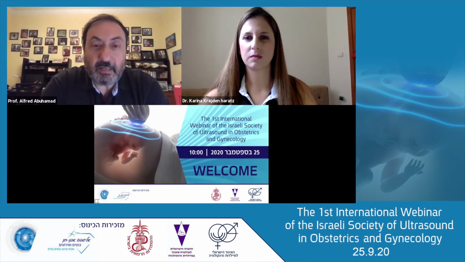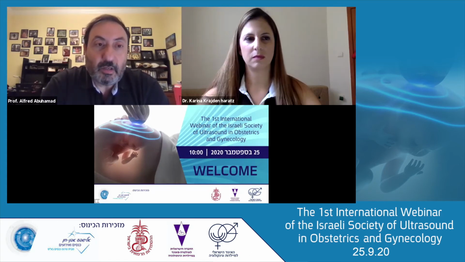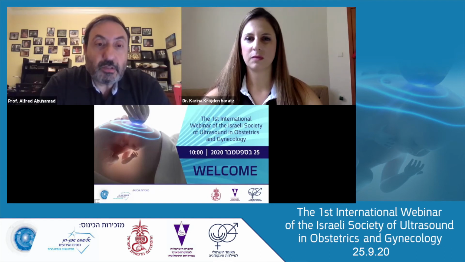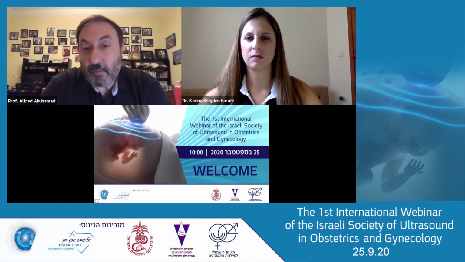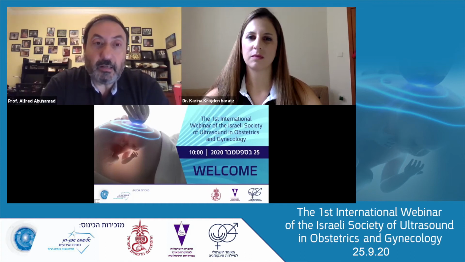As Rabia has said in his three-vessel trachea view, it could be impacted by changes that happen in the heart or in the ascending aorta. Also, the aortic isthmus could be impacted in cases of fetal growth restriction, where you will have narrowing of the aortic isthmus due to shunting of blood to the brain and to the heart.